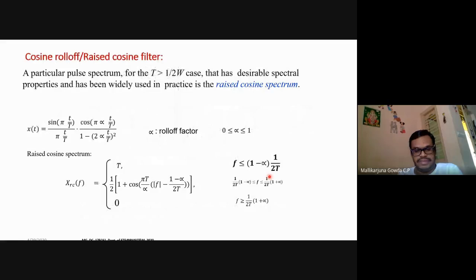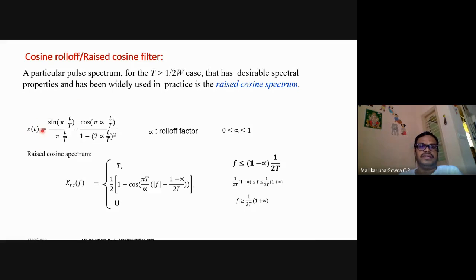So we define it mathematically like this. The roll-off of a raised cosine filter. So a particular pulse spectrum for 1/T greater than 2W has desirable spectral properties and has been widely used in practice. That is known as the raised cosine spectrum.